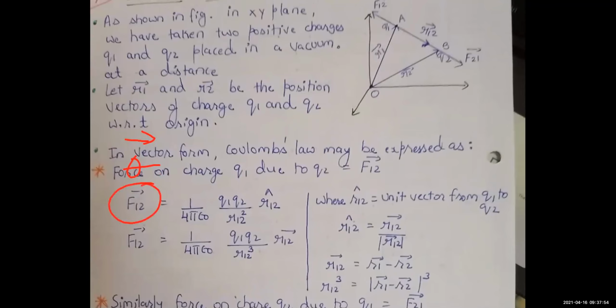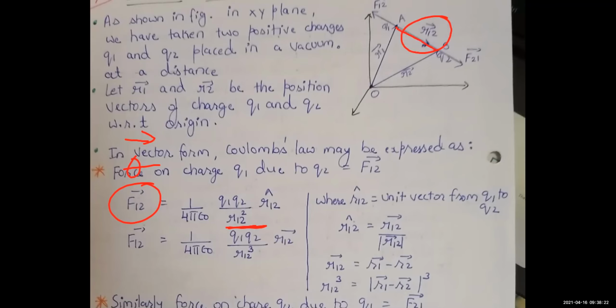So F12 is the force on charge 1 due to 2, that is 1 upon 4 pi epsilon naught Q1 Q2 upon R12 square. R12 is the position vector from charge 1 to 2. 1 से 2 का जो position vector है, that is your AB, that is represented by R12, and its magnitude is the distance between them.